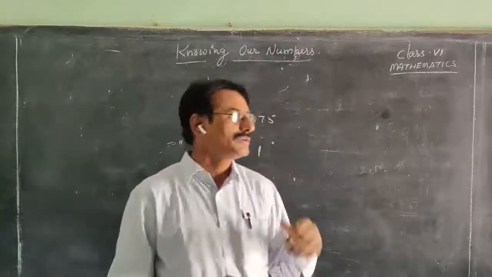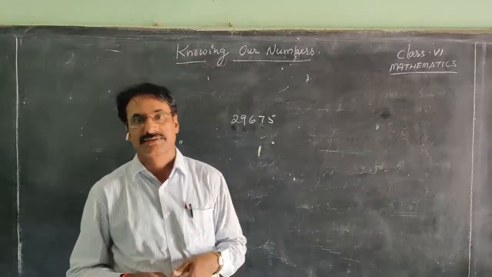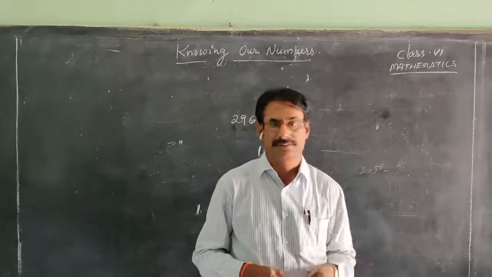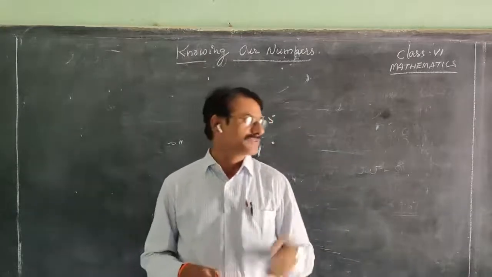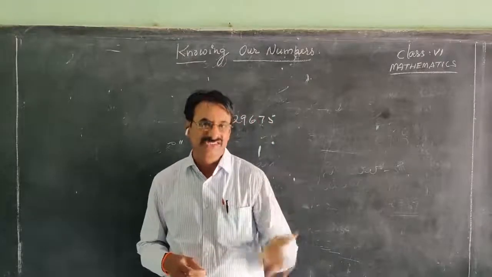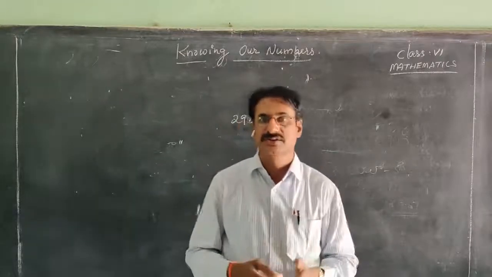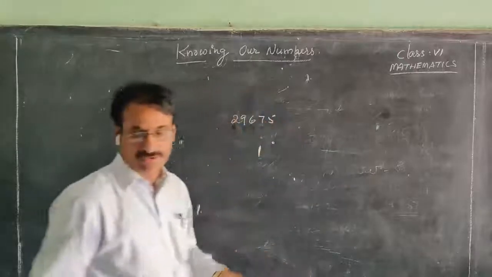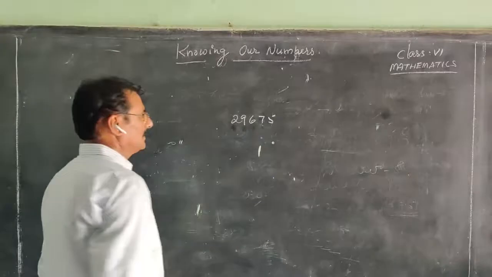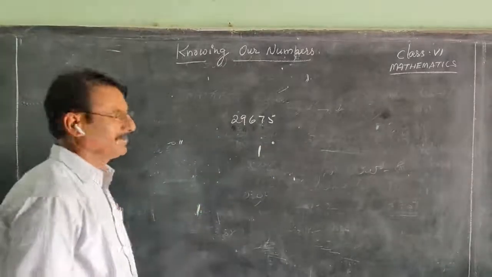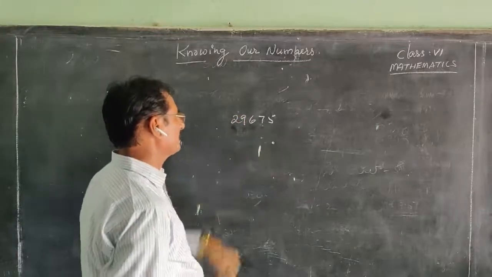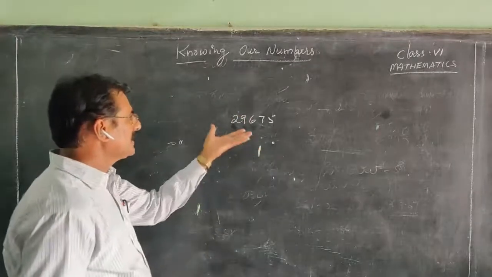the nearest zero numbers; it is called round off or estimate. We use words like nearer, approximately, nearest in round off. Take one number: 29,675.